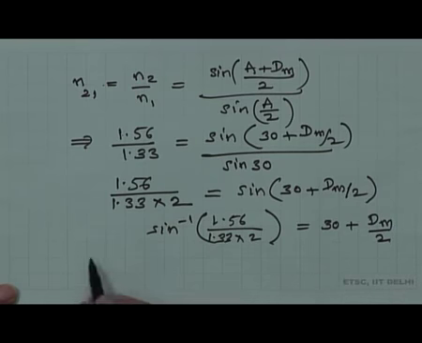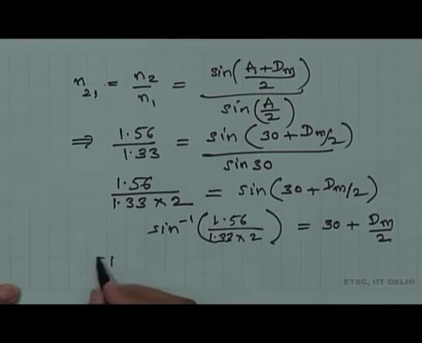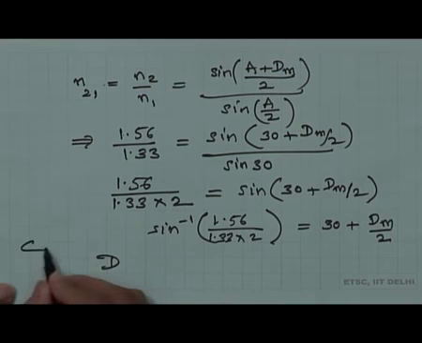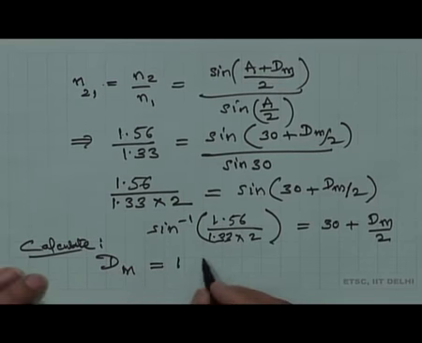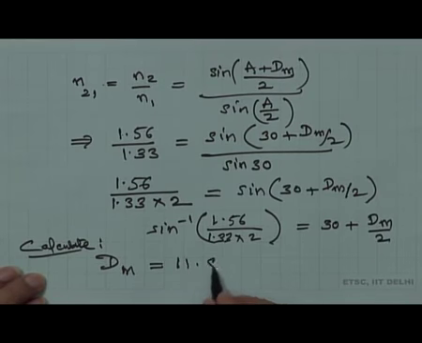So, we can bring this to this side and we will get the same answer. So, calculate dm is equal to 11.8 degrees as before.